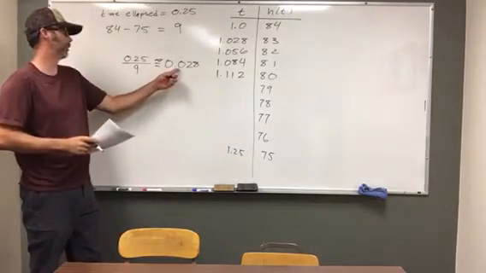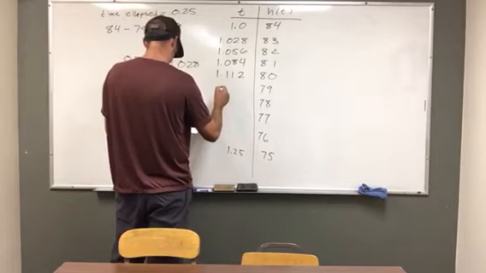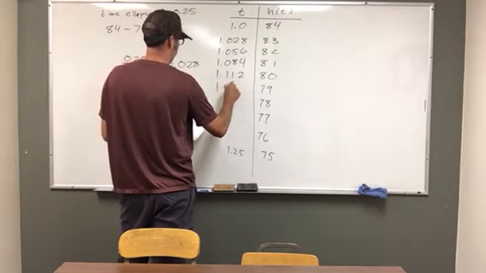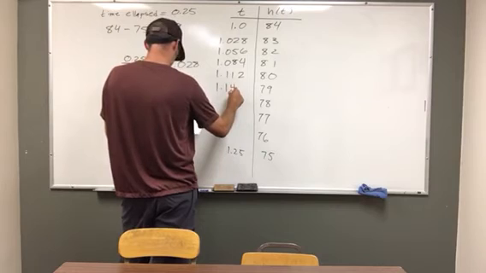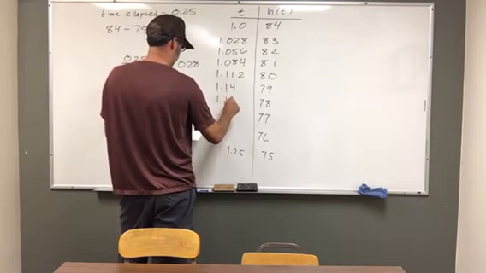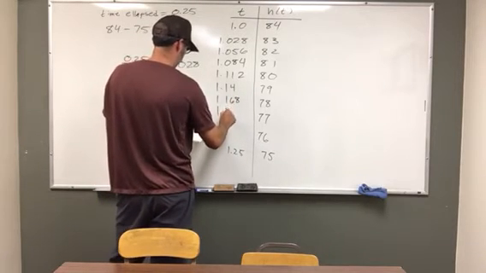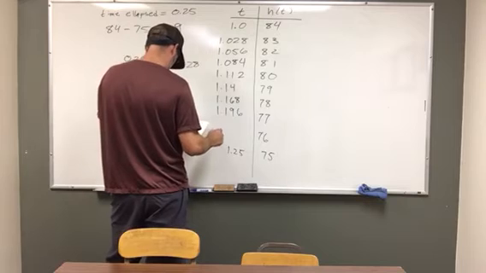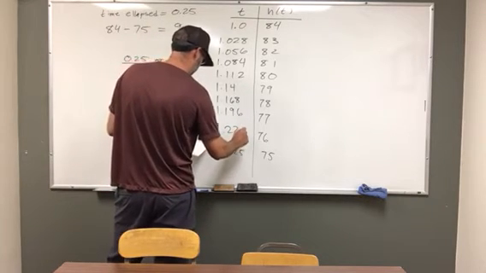Adding 0.028 to this number, 1.14. And continuing this way, 1.168, 1.196, 1.224.